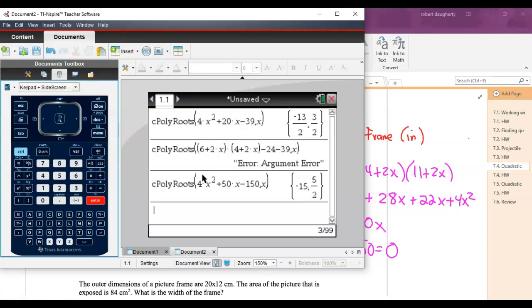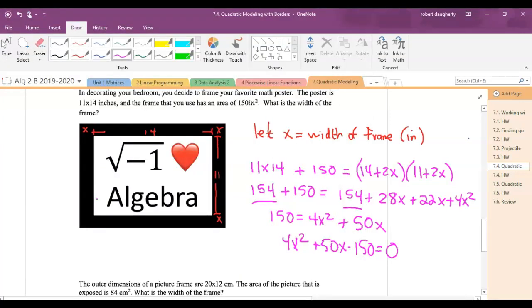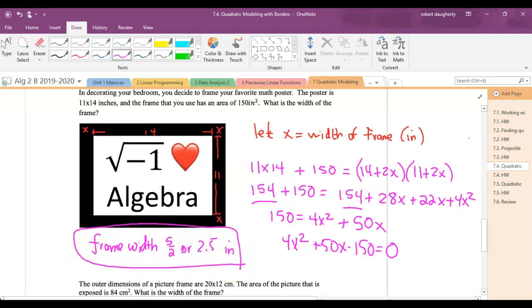Okay, so this represents the what? The width of the frame. Which one of those doesn't make sense? Negative 15. So this frame width is what? Yeah, so the frame width is 5 halves, or 2.5 inches.